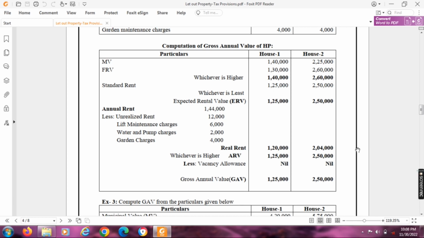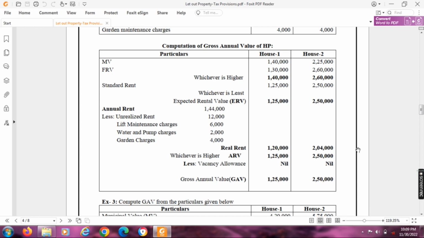Annual rent is 12,000 per month, so 1,44,000, less unrealized rent. If there is any information about unrealized rent and Rule 4 is satisfied, meaning there is no default by the house owner, that should be deducted from the annual rent, and all other maintenance costs will also be deducted from the annual rent. So the balance value is called the real rent.